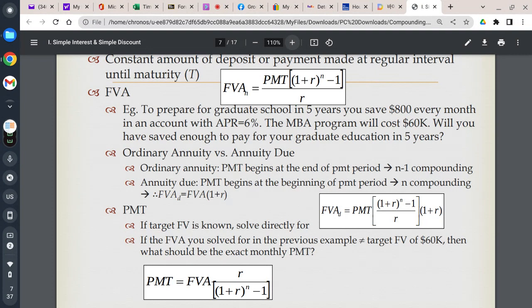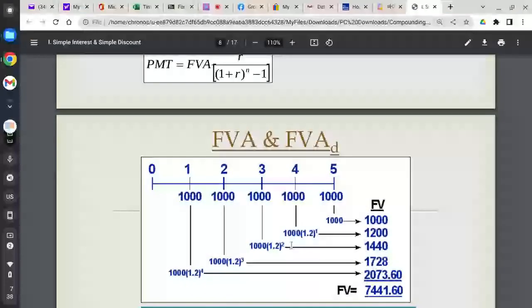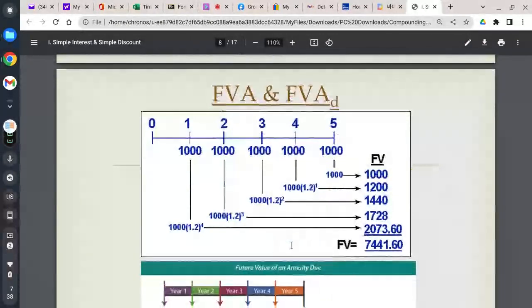So to prepare for graduate school in 5 years, with APR, currently the market rate is 6%. Will you have saved enough to pay for your graduate education in 5 years? Let's find out. But first, take a look at this concept. This is the future value of an annuity.